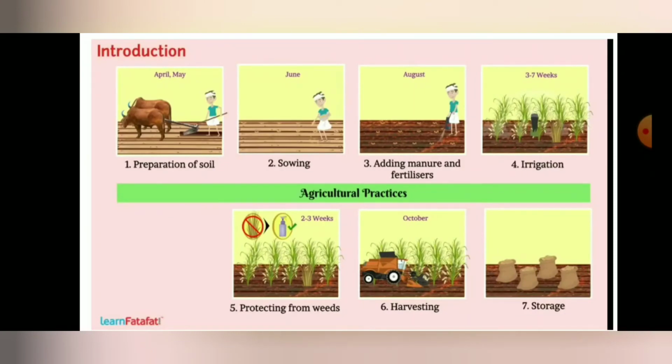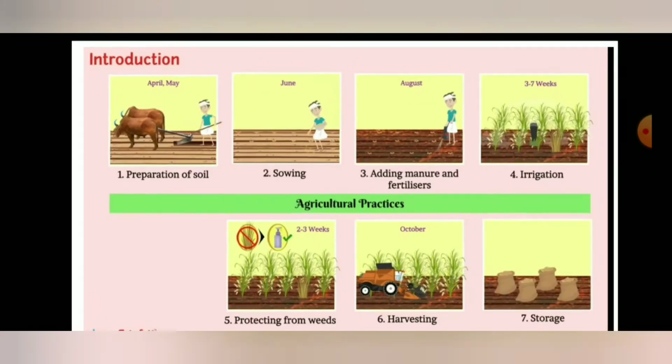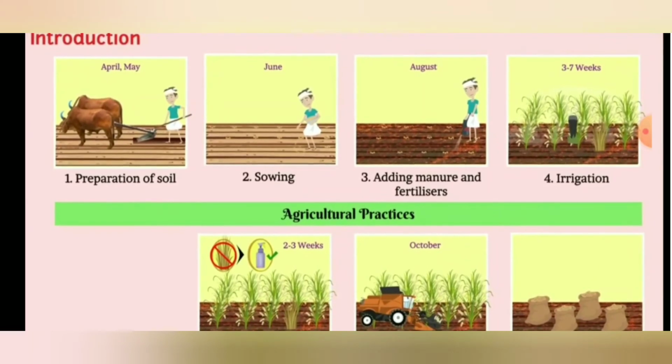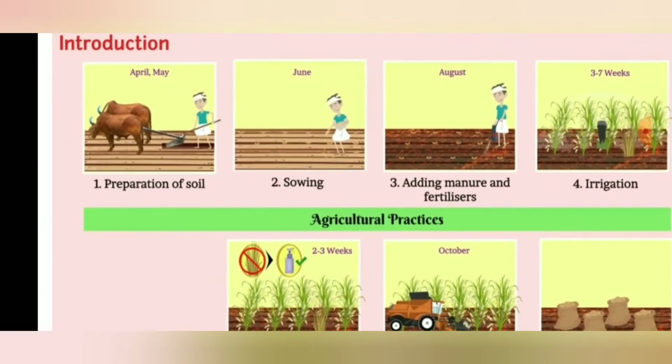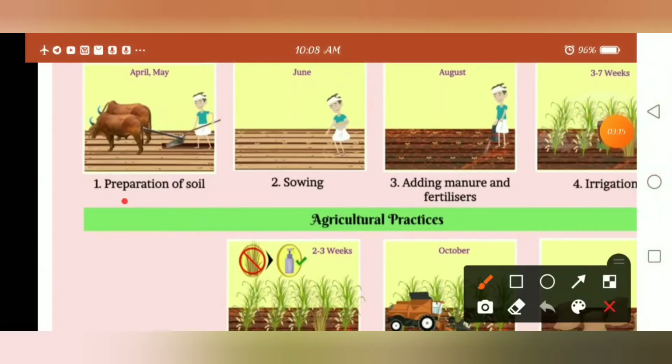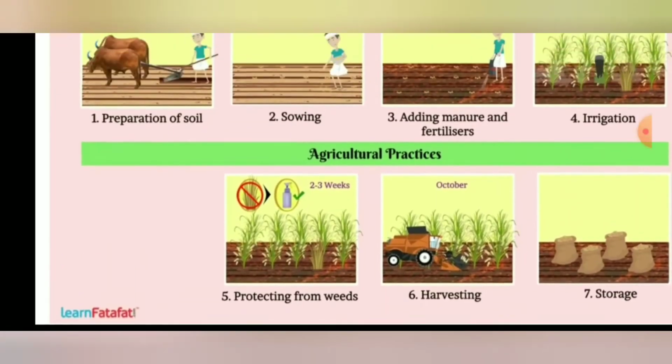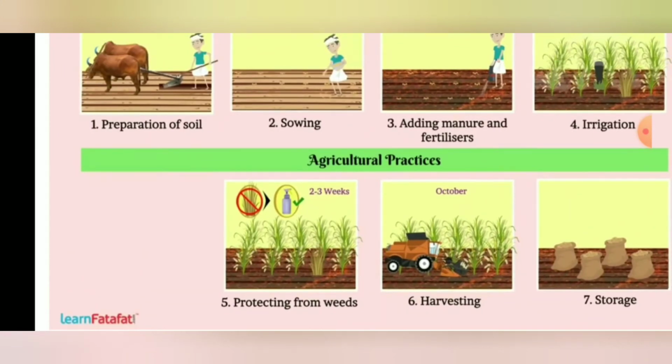Here you can observe, along with some pictures, the steps are also given. The first step is preparation of the soil, usually between April and May. Next one is sowing. Third is adding manures and fertilizers, then irrigation. Next is protecting from the weeds.